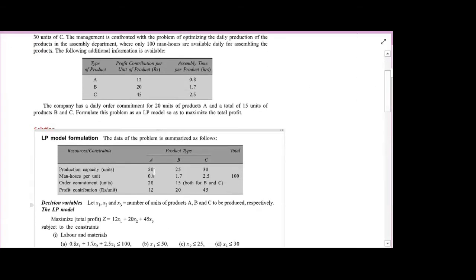So this is our production capacity. Man hours required for production per unit are given as 0.8, 1.7, 2.5, and total man hours is 100, right? Order commitment is 20 units of A and 15 units by combining B and C both, right? Profit contribution is 12, 20, and 45. This is basically all the information given in the problem.